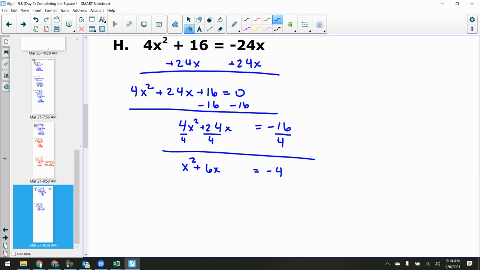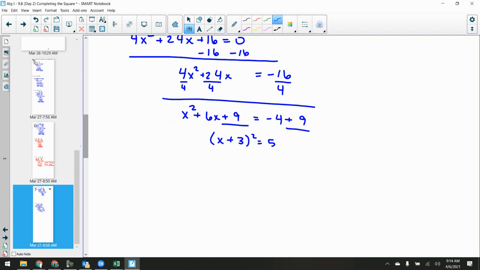What am I going to add to both sides? 9. My magic number is 9. And how is it negative 4? Because it was negative 16 up here. So this turns into an x plus 3 squared is equal to 5. What will happen when I square root 5? I'll get a decimal. So this is another one of those where I will give you 2 sets of blanks.